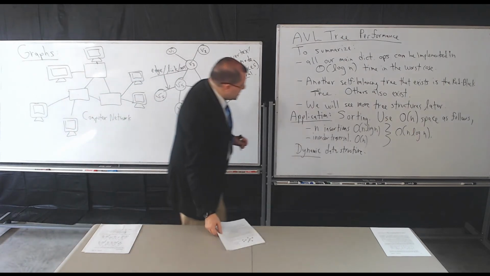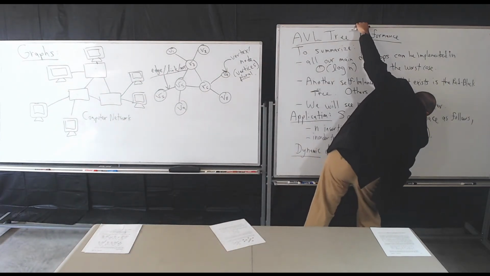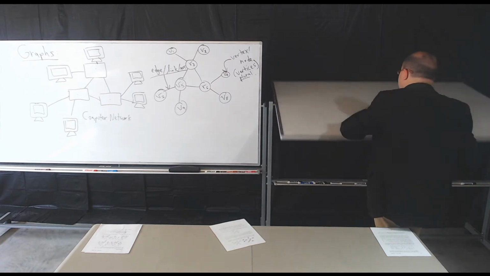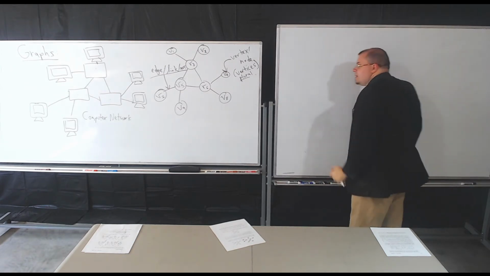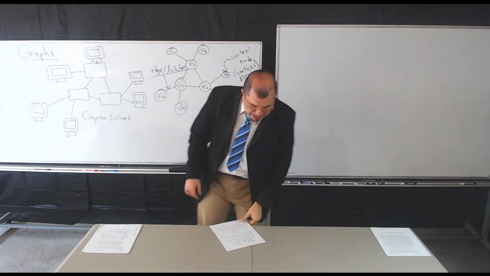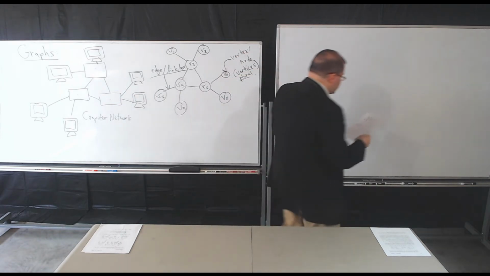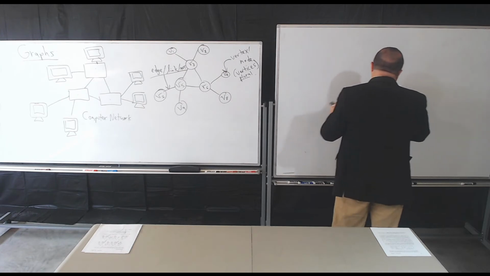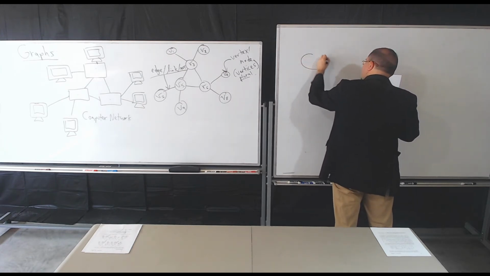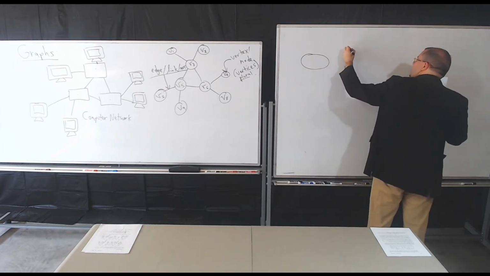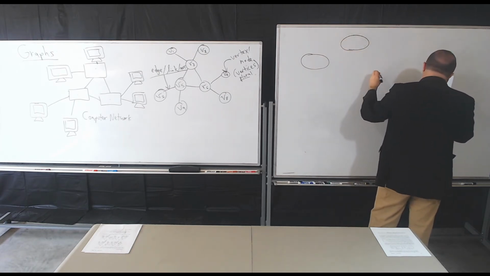So let me get some more space. Let's draw some more pictures. A computer network is quite natural to model as a graph. What other things? Now imagine you're traveling between different Canadian airports, and I've just cherry-picked some.